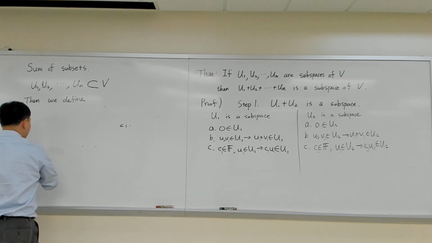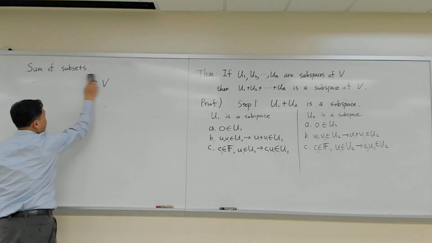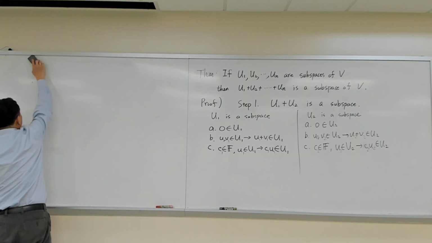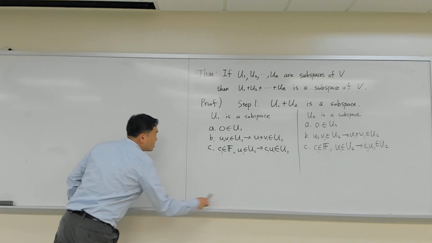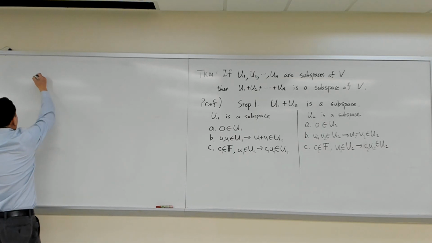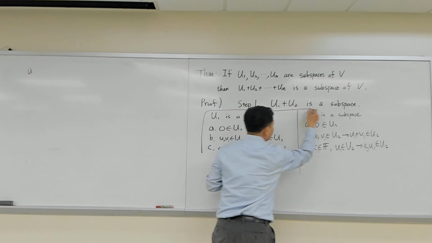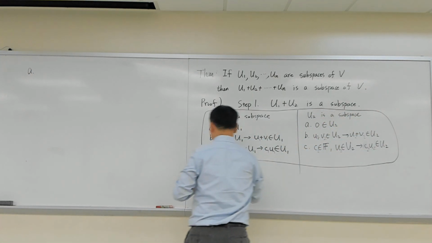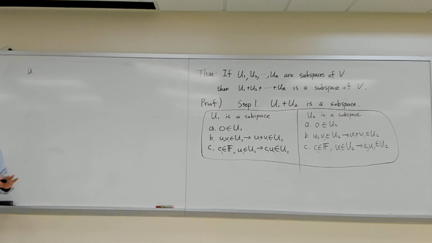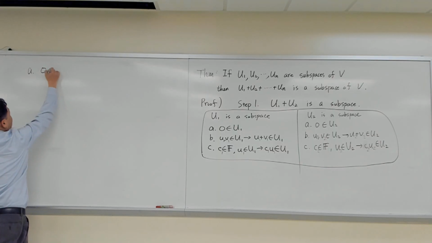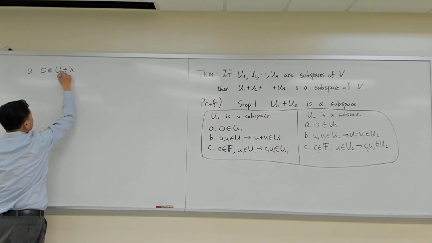And from what's given, we have to show three things about U1 plus U2. Okay, what are those three things? Let's put this in a box so that we can refer to it later. A, what do you have to show first? 0 is in U1 plus U2.